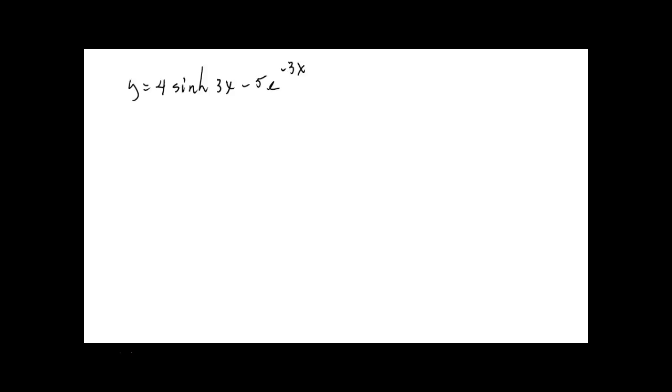Okay? A hyperbolic sine of 3x is e to the 3x minus e to the minus 3x over 2. Okay? That's what a hyperbolic sine is.